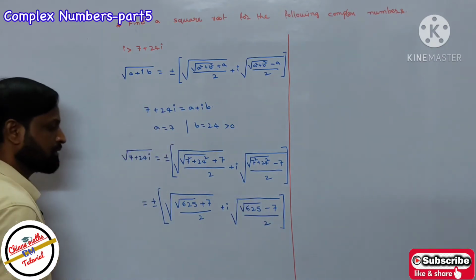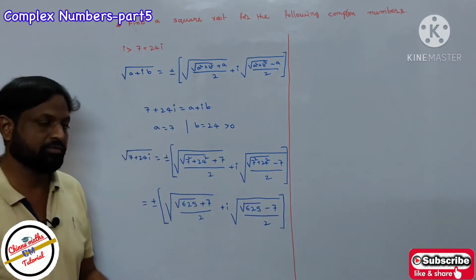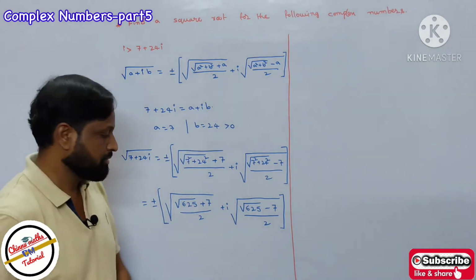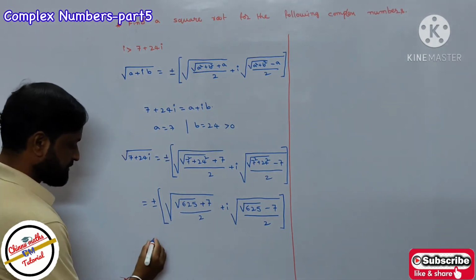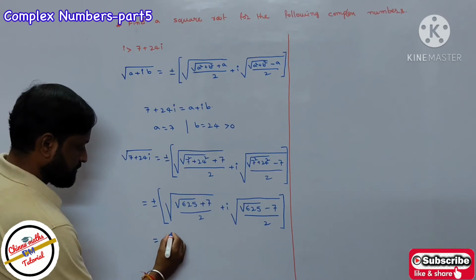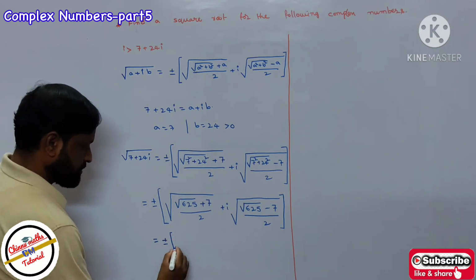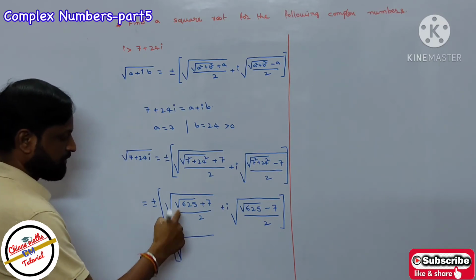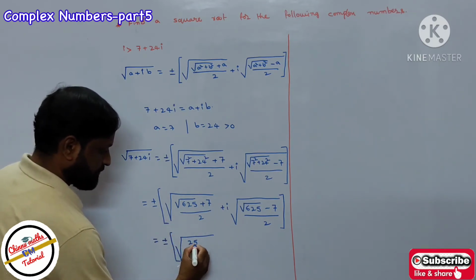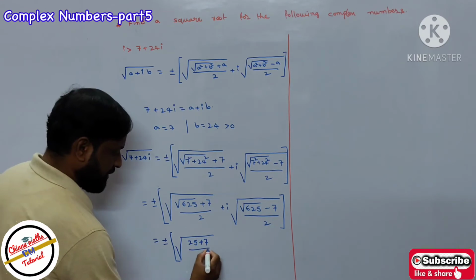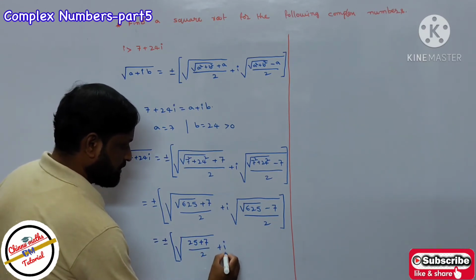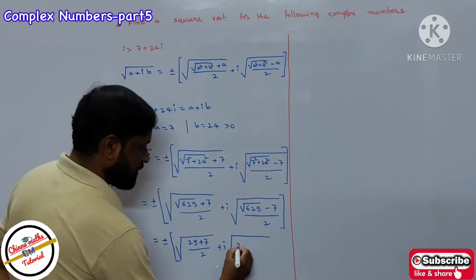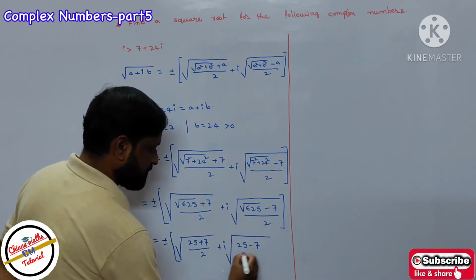What is the value of the square root of 625? It equals 25. So plus or minus square root of 25 plus 7 by 2 plus i into square root of 25 minus 7 by 2.